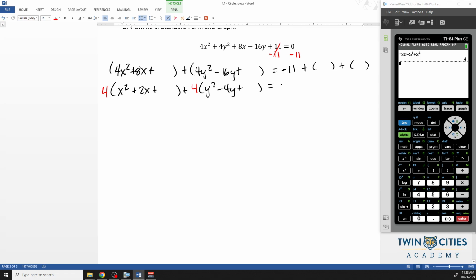So over here, I'm going to have minus 11. So what we're going to do here is let's bring out a 4. So I'll have a 4 here and then this blank spot. I'm going to do the same thing for the y. Since I brought a 4 out here, I'll bring out a 4 here.